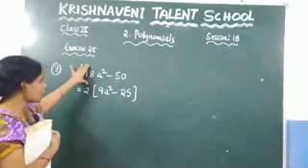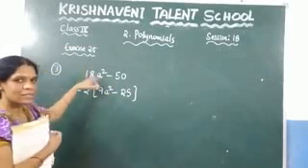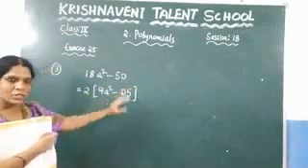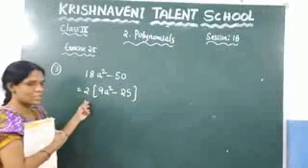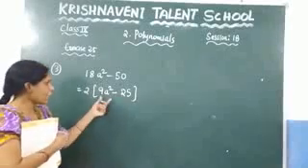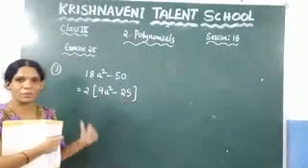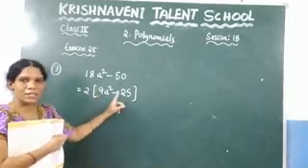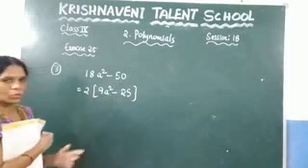But if you take this as it is, you cannot write 18 as some number square, and similarly you cannot write this 50 as some number square. So I have to put one number such that I can write these numbers as squares of some numbers. You know that 9 is nothing but 3 square and 25 is nothing but 5 square. So I have to take 2 common.